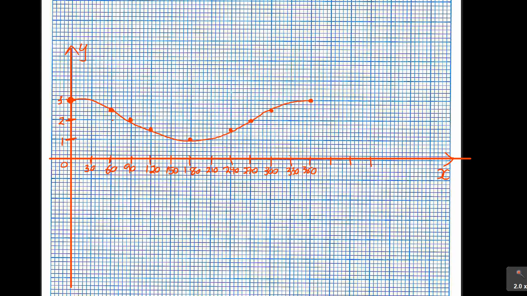So that is the graph that I'm having, and this particular graph, as we said, it is the graph of y is equal to 2 plus cos x. So that's how we could have drawn it.